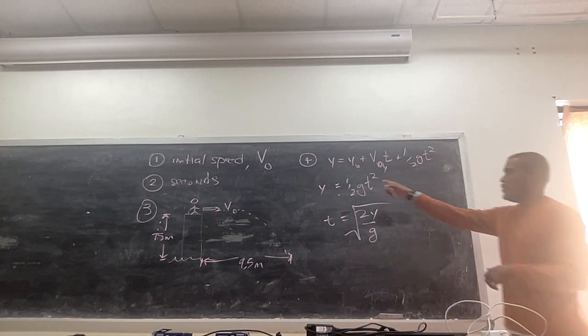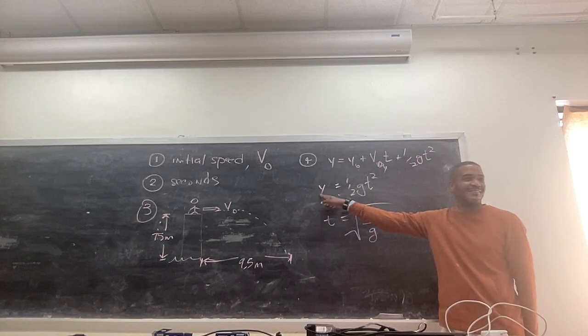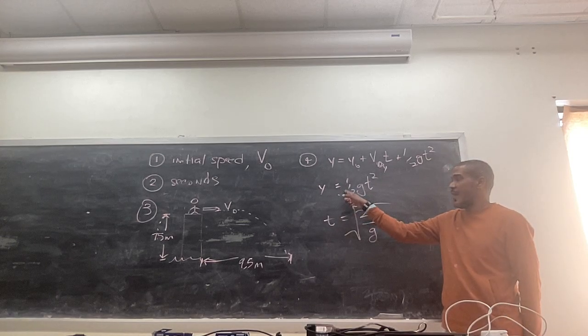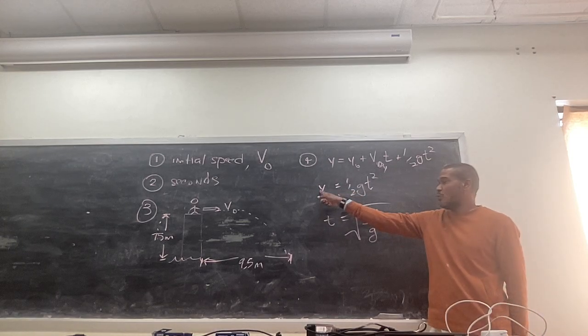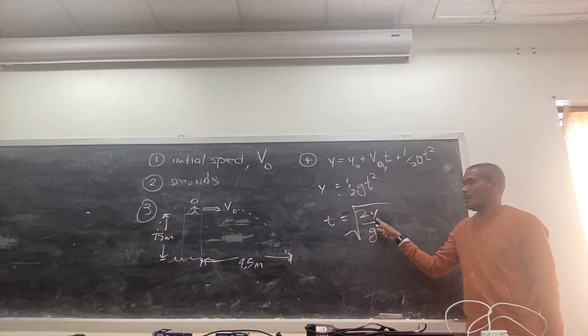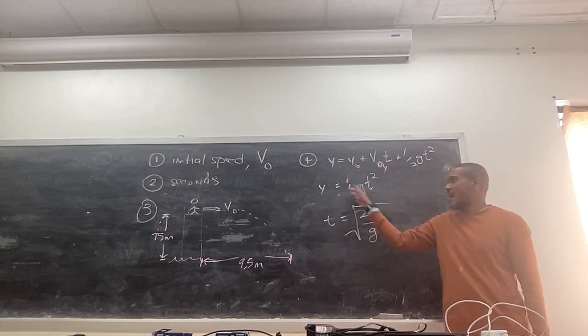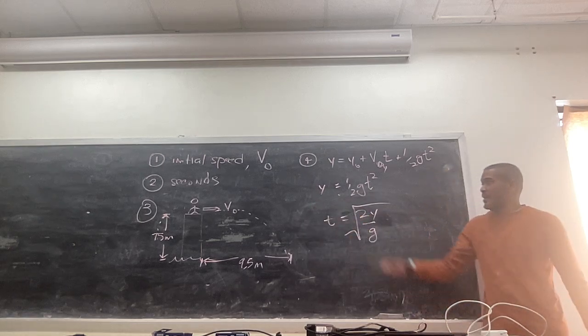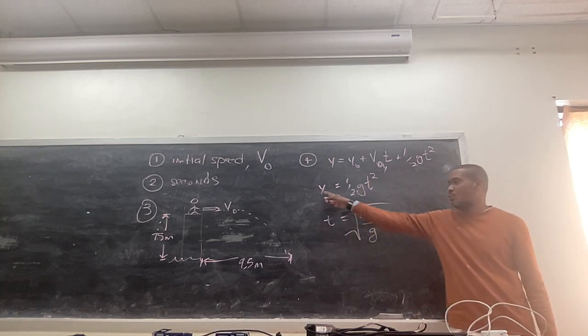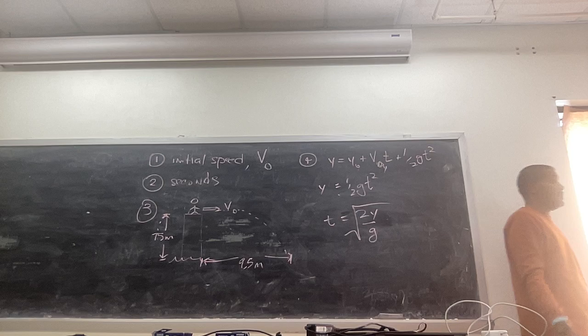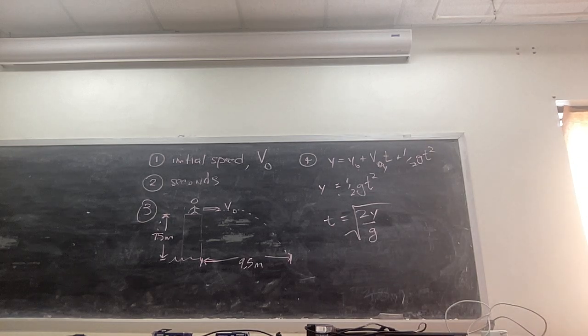So I multiply both sides by 2 to get rid of this 1/2, and it popped up 2y. Then I divided both sides by g, so that's 2y divided by g, and I'm left with t squared equals 2y over g. So, square root of both sides, t equals the square root of 2y over g.